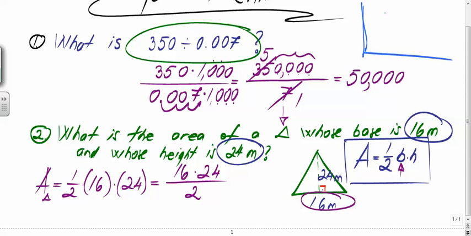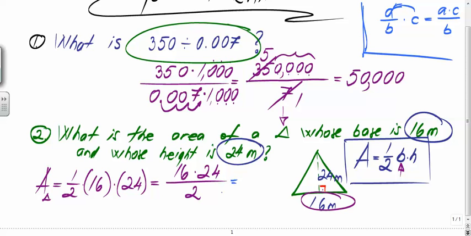If I have a over b, let's say, times the number c, well, this is the same as multiplying that whole number to your top. So basically we'll have a fraction that will be a times c, everything over b. So here I will have 16 times 1 over 2, and then I have 24 times 16 over 2, which would be 16 times 24, everything over 2.